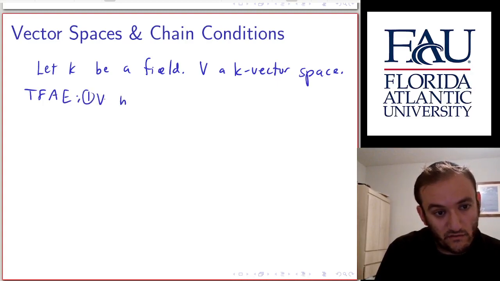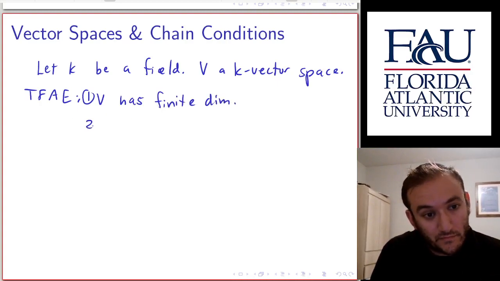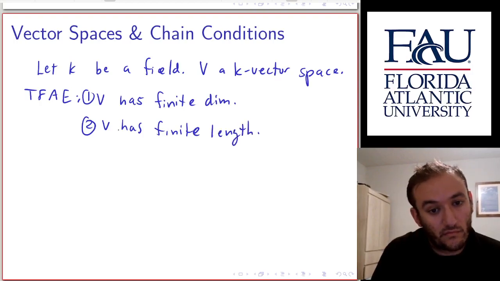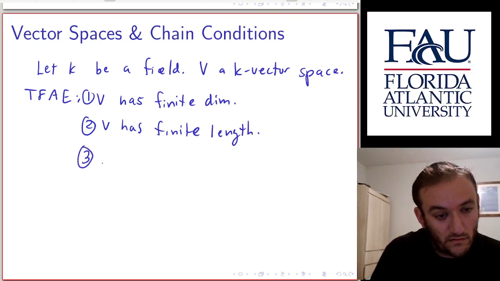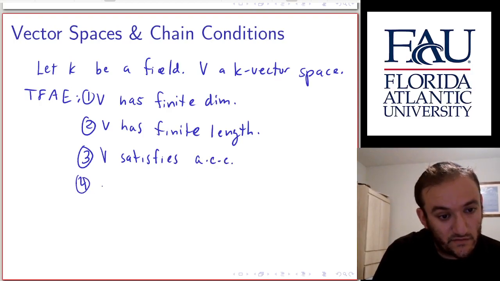So first of all, V has finite dimension as a K vector space. V has finite length as a K module. V satisfies the ascending chain condition, and it satisfies the descending chain condition.